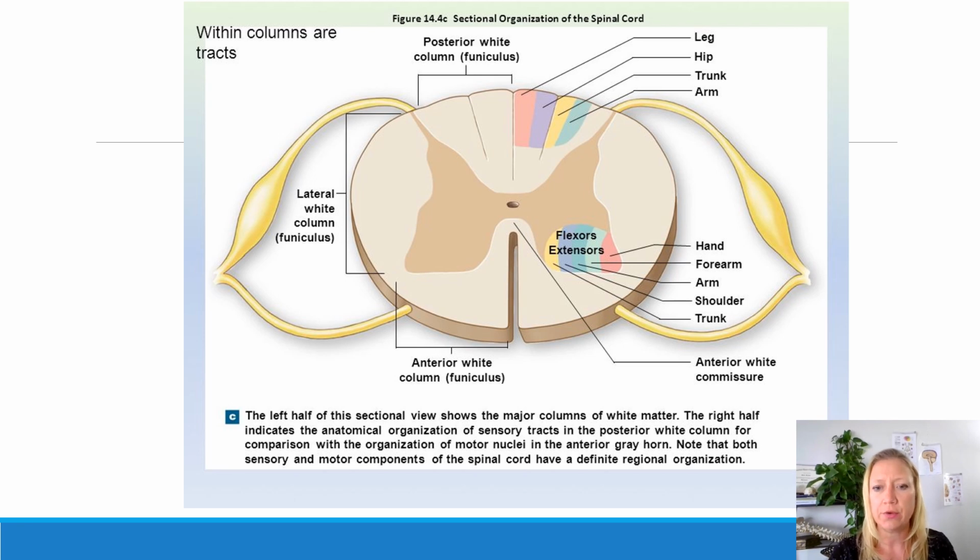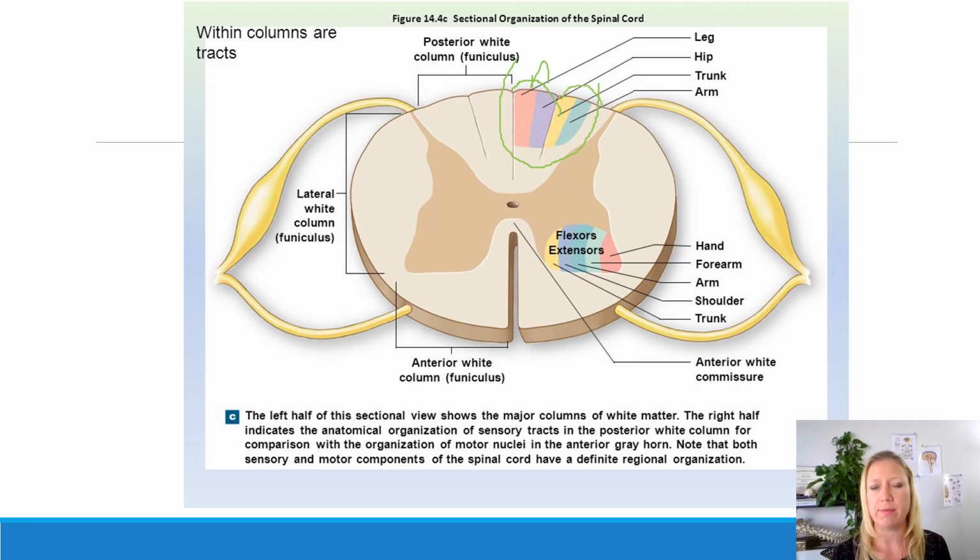And then in this gray matter here and in the white matter here, let's look at this white matter. That was our tracts, those are our dorsal columns. So if we remember very easily, more medial on our body when we're standing in anatomical position is our lower extremities, our lower body, so legs, right? And then upper extremities, right?